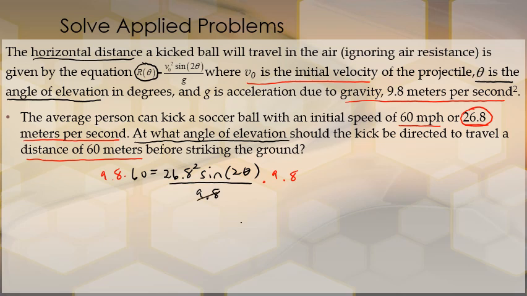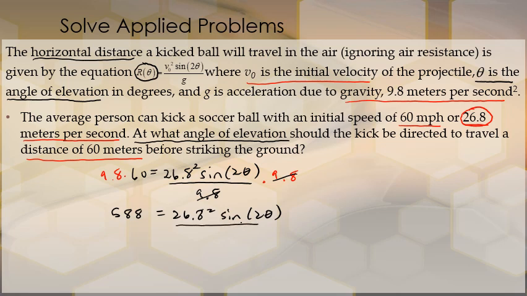And that is going to cancel that, so that looks better already. 9.8 times 60, if you use your calculator, is equal to 588. And 26.8 squared, let me just go ahead and move this over. I'll show you step by step. So now I would divide both sides by 26.8 squared.